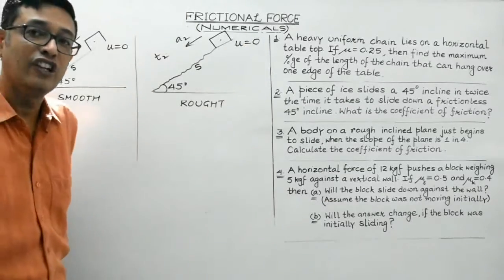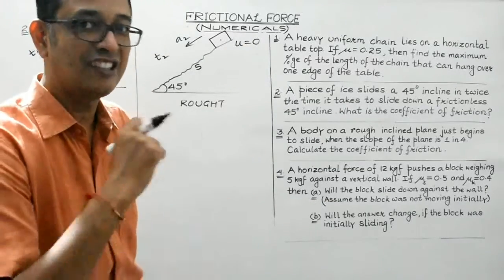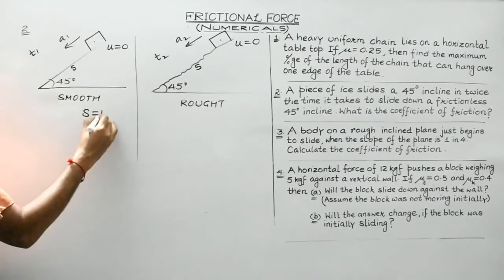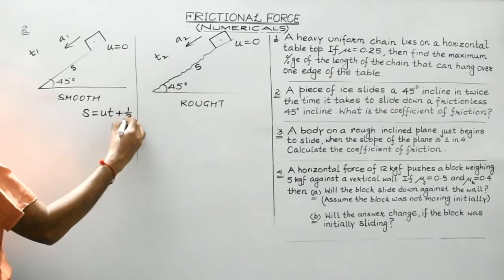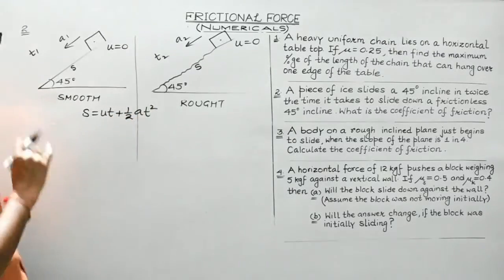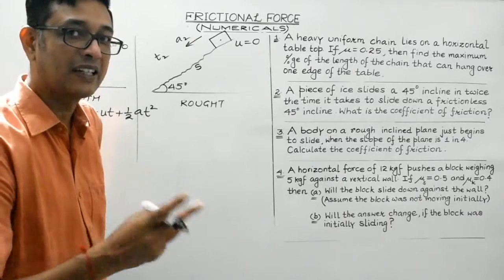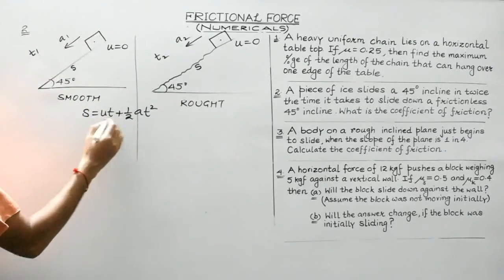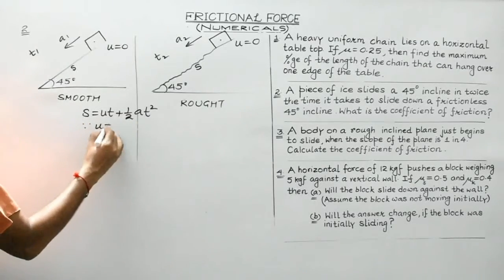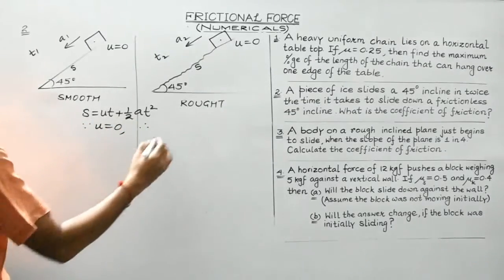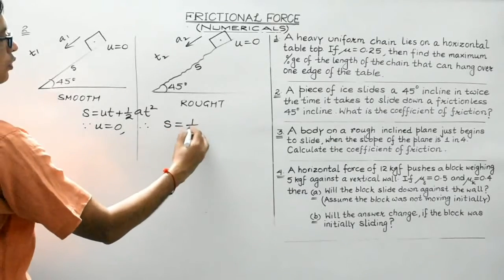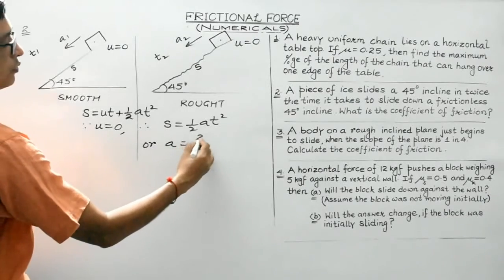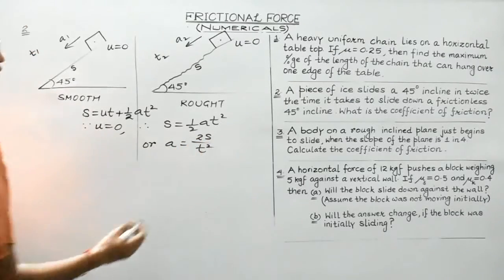Let's find the relationship between the acceleration and the time. We know S equals ut plus half a t square, which is the second equation of motion, the displacement-time relationship. S is constant in both cases, and u is 0. Since u is 0, S is equal to half a t square, or a is equal to 2S divided by t square.